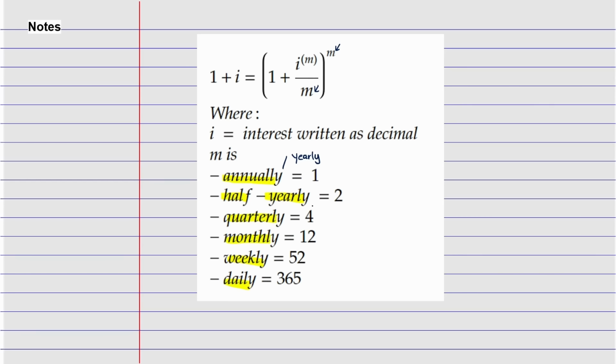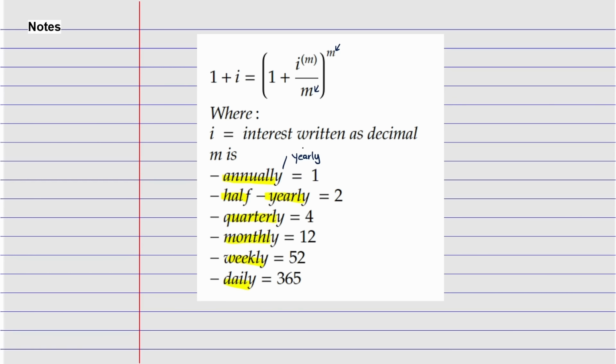Then when they say half yearly, it means that now this M is going to be a 2, and this is going to be a 2. Same applies with quarterly, it's going to be 4. Monthly, it's 12. Weekly is 52. Then daily is 365 days, right? So this is what it means.